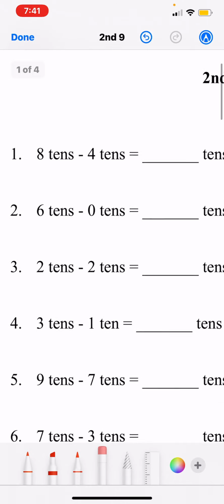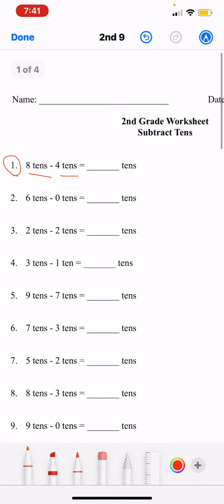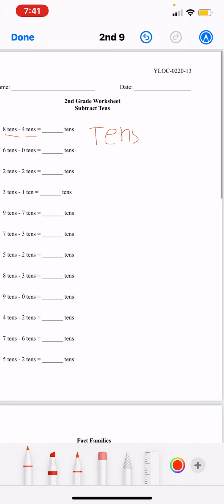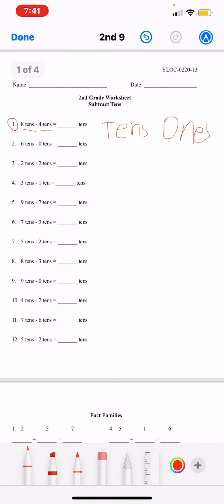here when we look at number 1, we have 8 tens minus 4 tens. So when they say 8 tens, that means 8 is going to be on the 10 spot. But 8 needs to have something in the 1 spot. It can't just be left blank.